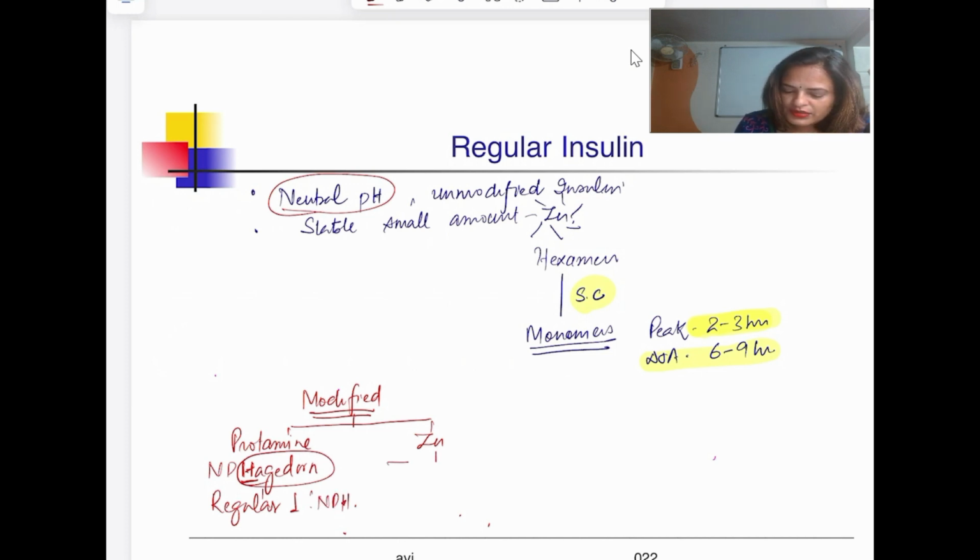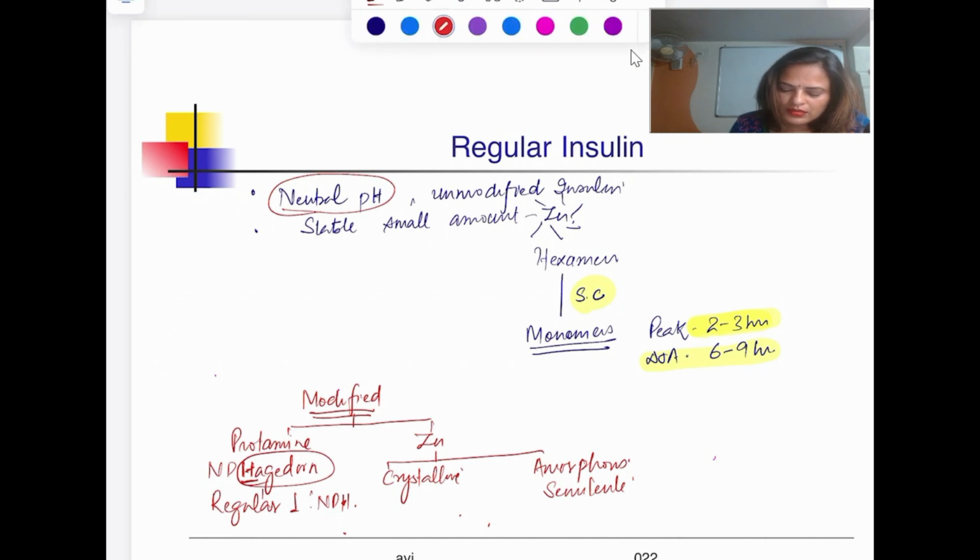Now with zinc, either a large crystal or a small crystal is added. The large crystal is crystalline, and the small particle is amorphous zinc. This gives the ultra lente preparation and this gives the semi lente preparation. So we have these two, ultra lente and semi lente.